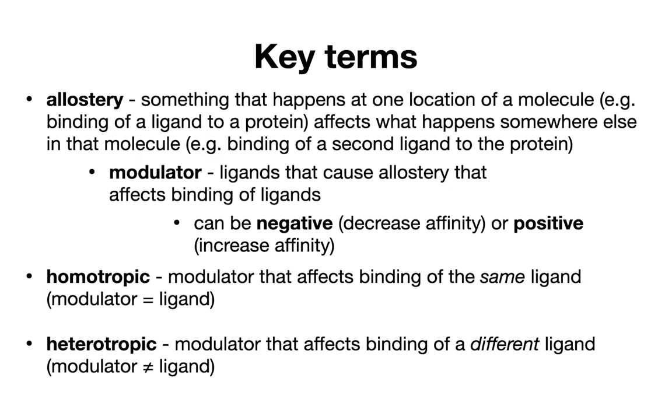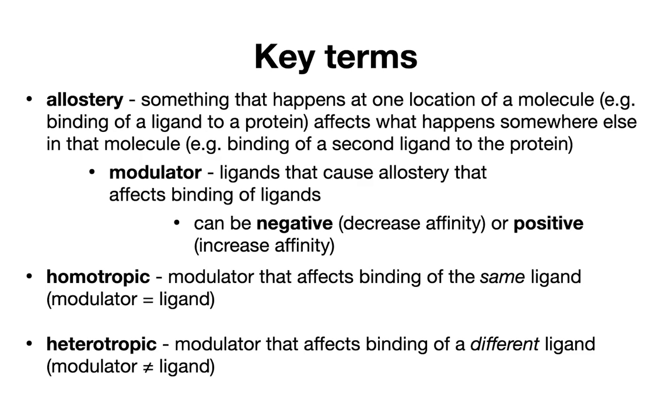It was going to be the same ligand as the next ligand that it affects. It's just a different copy of it. And it's going to positively affect the binding of that second ligand or of the next ligand in line. So remember, with hemoglobin, we actually have 4 sites, but we can find that basically once one binds, then the others can kind of like follow suit and promote the binding of the rest.